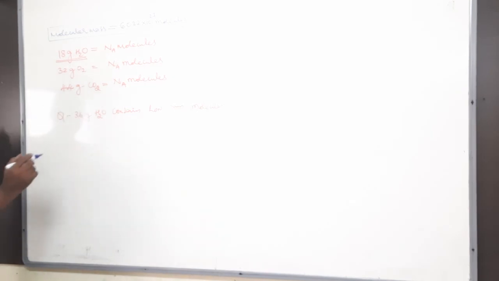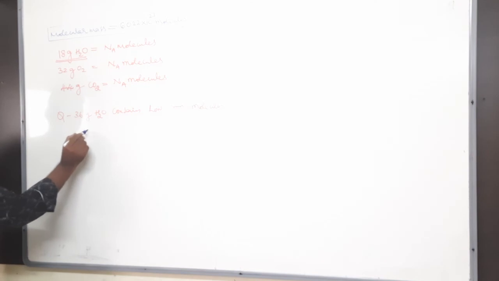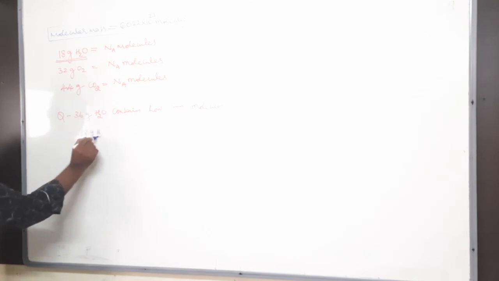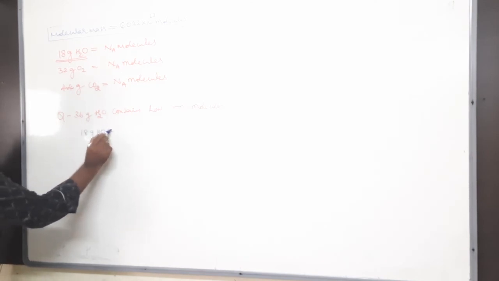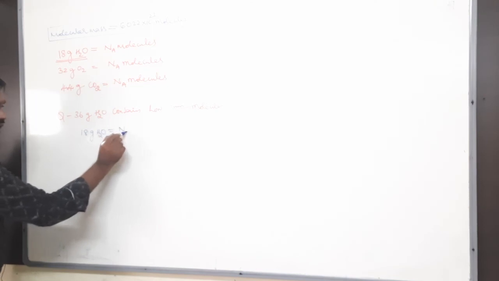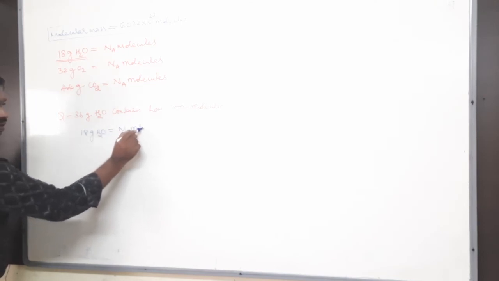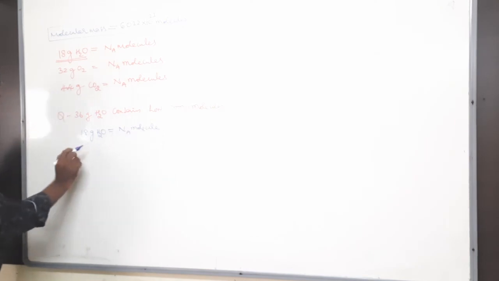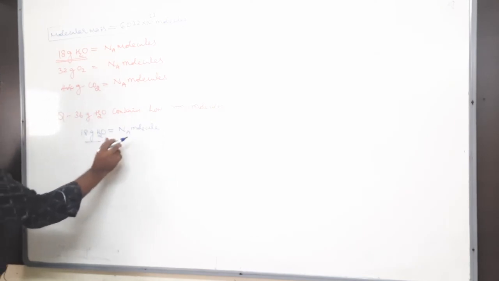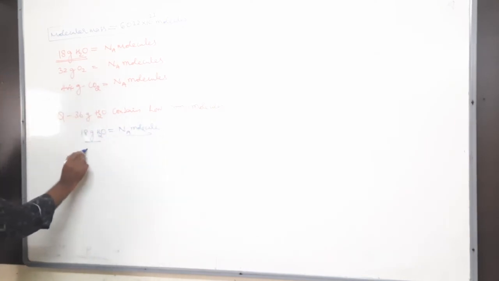Why? You should first know that 18 gram water is equal to Na molecules, because of gram molecular mass. Our question is 36 gram.